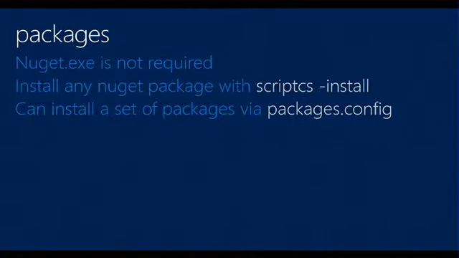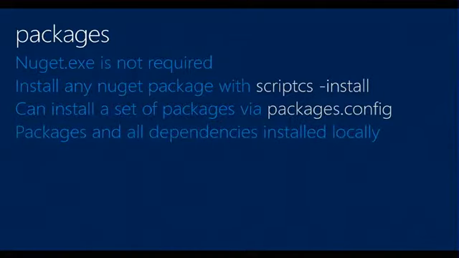Well, you don't notice because it was already installed. NuGet has made the NuGet libraries that NuGet itself uses available as NuGet packages. So scriptcs itself pulls in the NuGet packages so that it can talk to NuGet for you, thus not requiring you to have NuGet.exe installed on the machine.